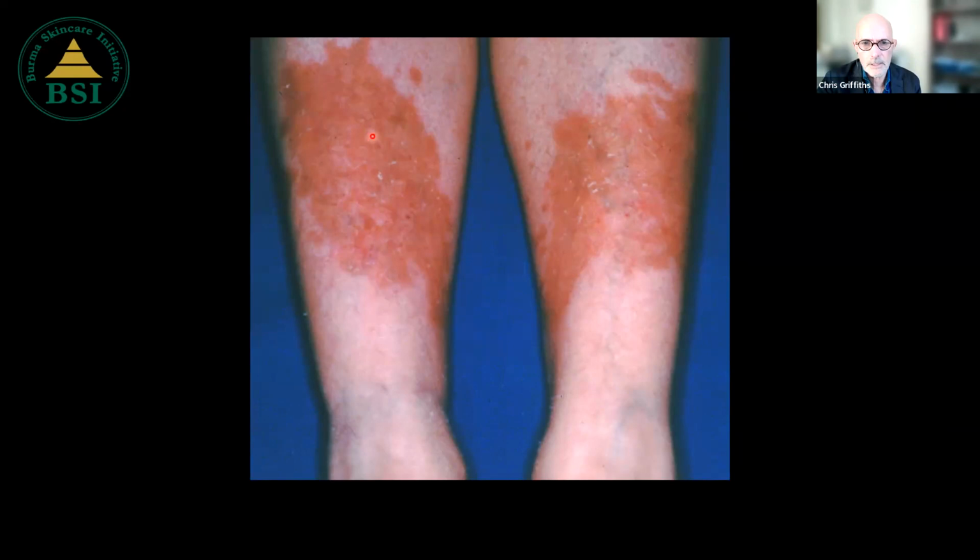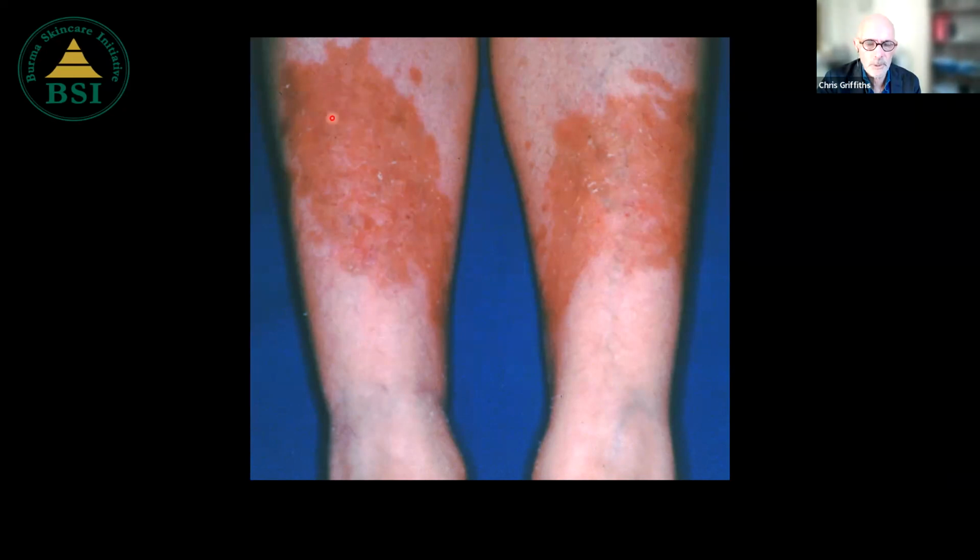And remember, 1% of people with diabetes mellitus have this condition, and about 40 to 50% of people with necrobiosis lipoidica have diabetes. So it doesn't always track with that. It doesn't always track with keeping the diabetes under good control either. Often quite difficult to treat.